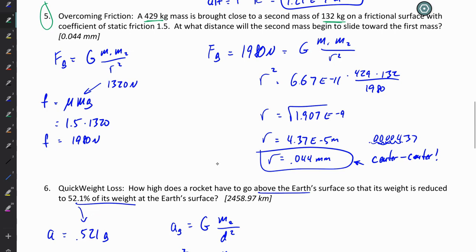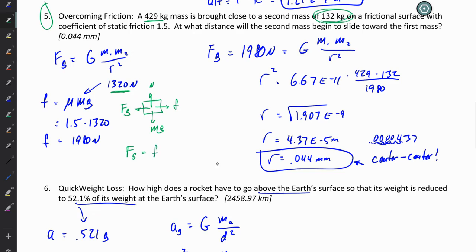we're finding the frictional force necessary to accelerate the 132 kilogram mass. So we put the 132 kilogram mass on the ground, and we've got mg down, we've got normal force up, and if we're going to be accelerating it due to a gravitational force sideways, then the gravitational force needs to equal or exceed friction.